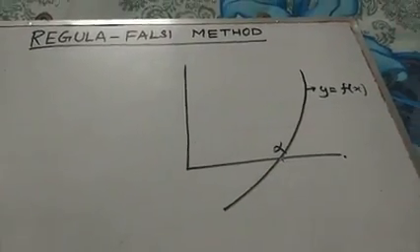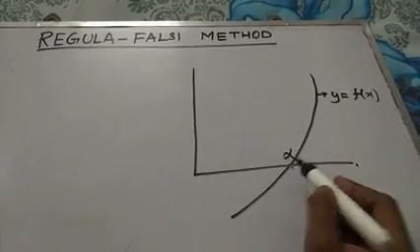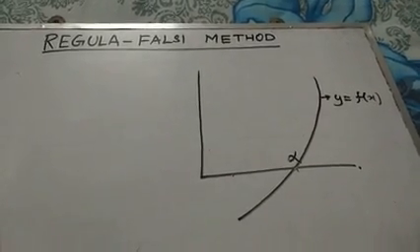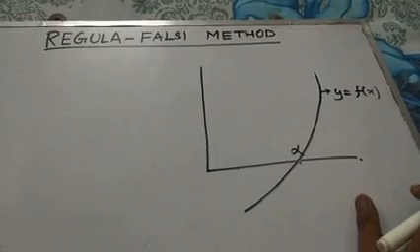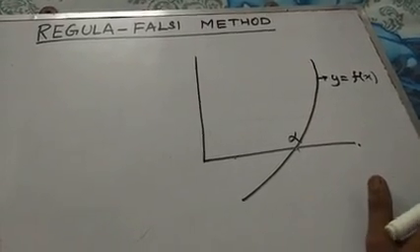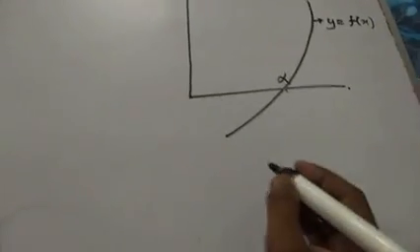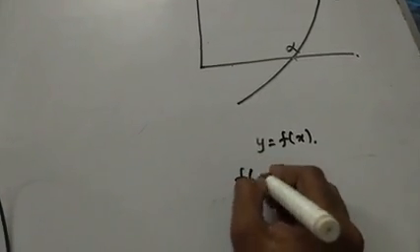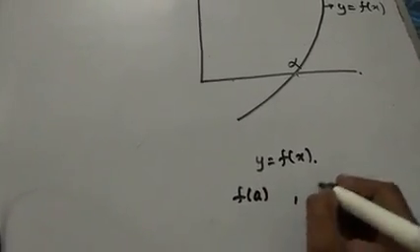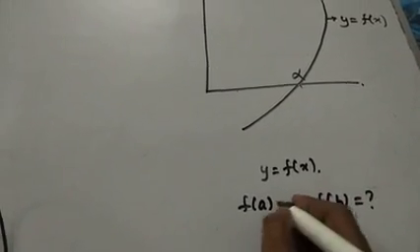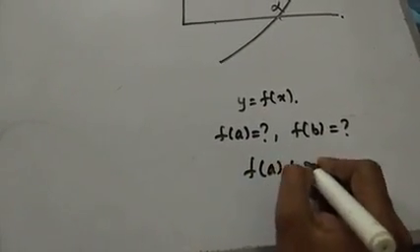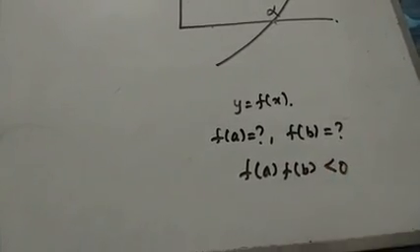Now how to do that? First of all, we will find a point at which the function gives a negative value, and again we will find another point at which the function gives a positive value, because previously we have learned that if y equals f of x is given, we have to find f of a and f of b such that f of a into f of b is less than 0.